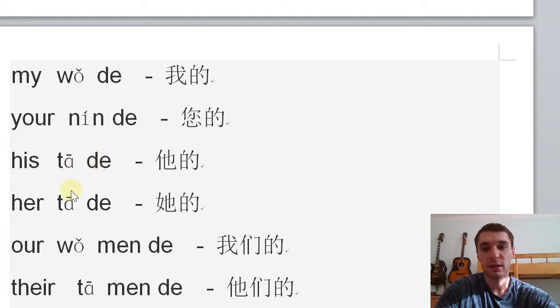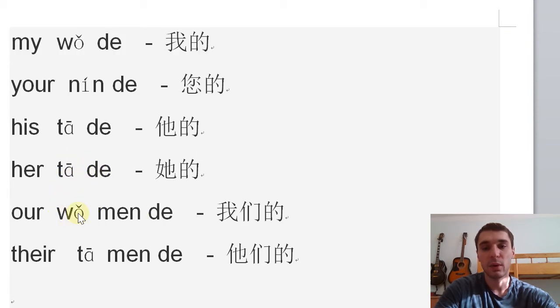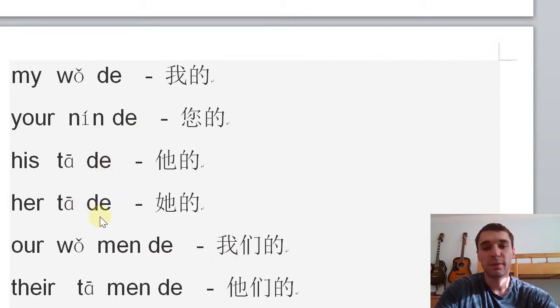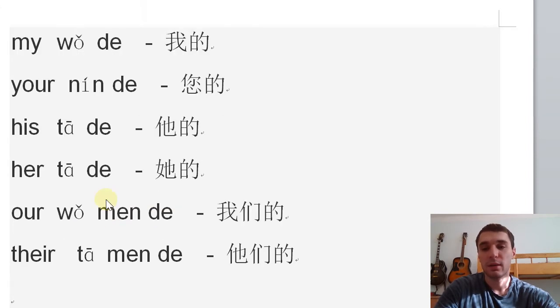His, 他的, her, 她的, our, 我们的, their, 他们的. For example, our car, 我们的车. Her phone, 她的手机. That's how it works. I think you got it.